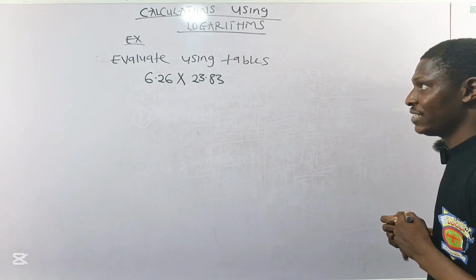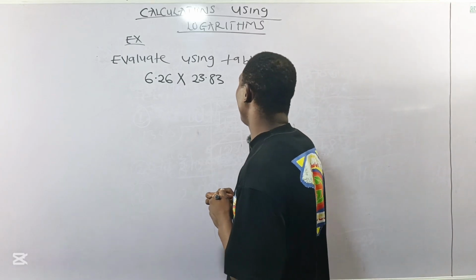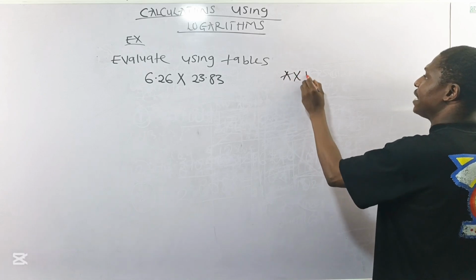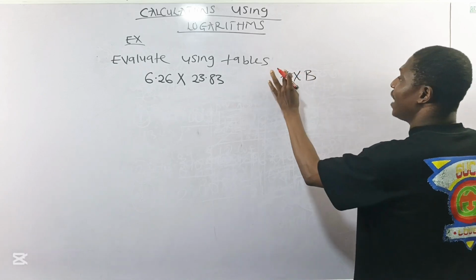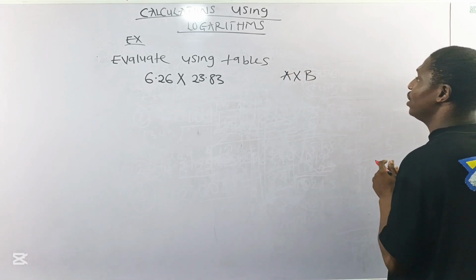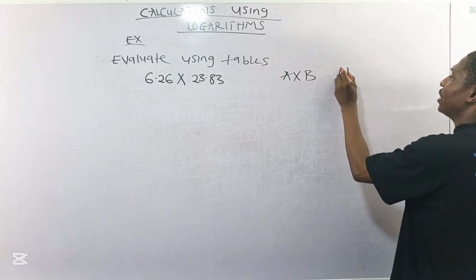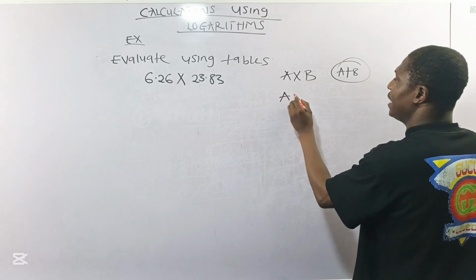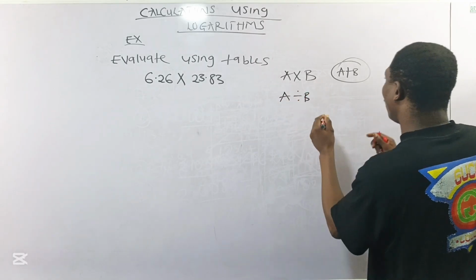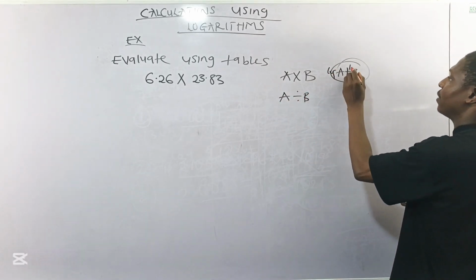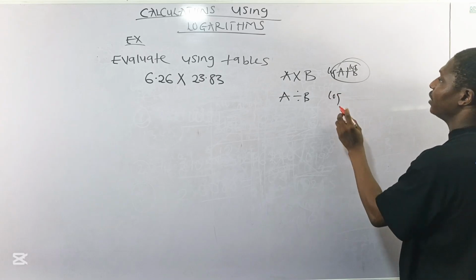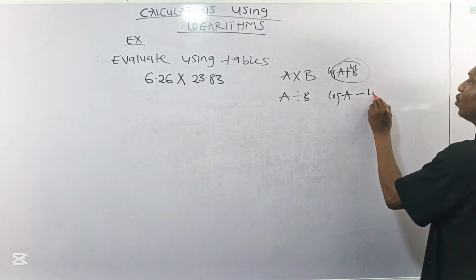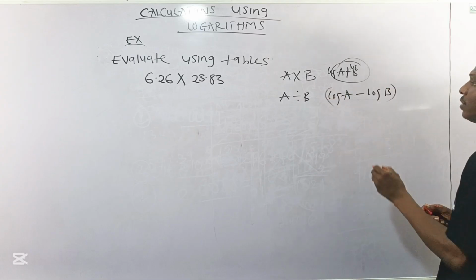The first thing we must understand are the basic laws of logarithm. If we have a times b, we get the log of a and the log of b, and we simply add up the values gotten. And if this was a divided by b, after getting our logs, this will give me log a minus log b.